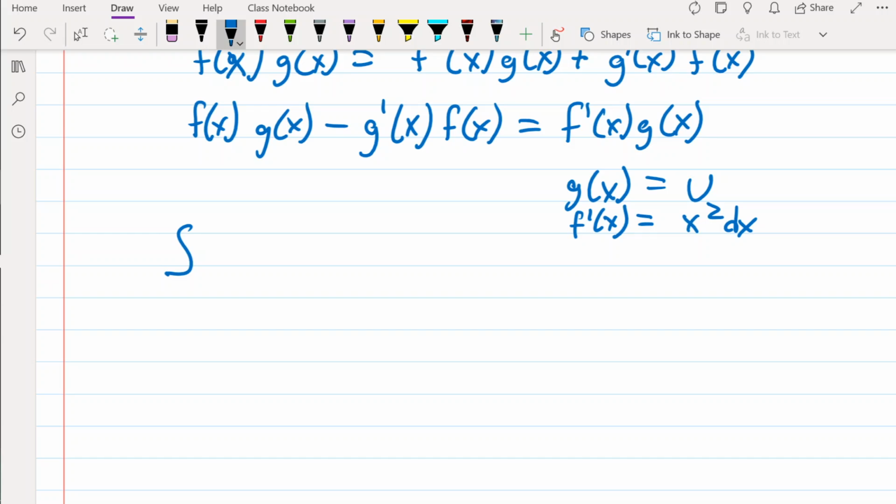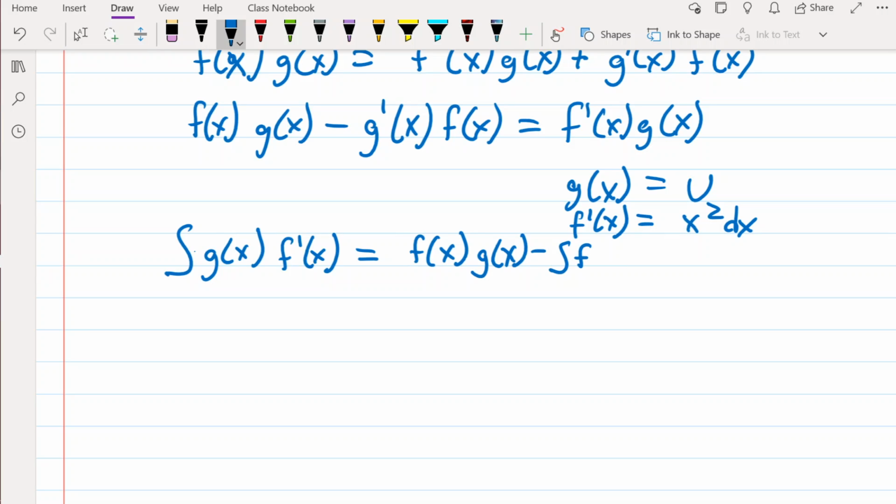So if we take the integral of g of x times f prime of x, that is equal to f of x times g of x minus the integral of f of x times g prime of x, which gets even more simplified when you put the u's in for everything.